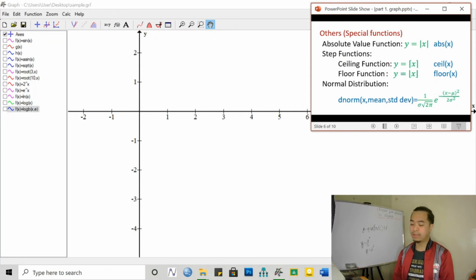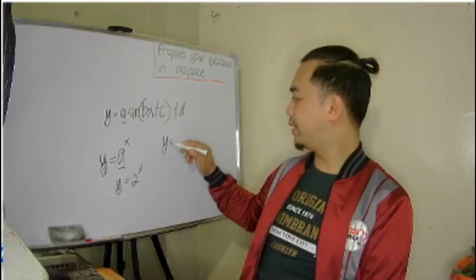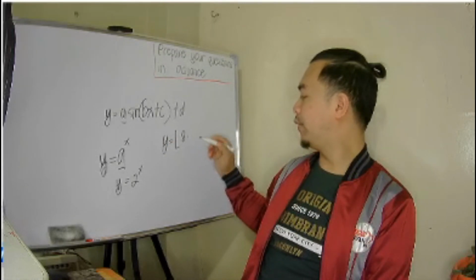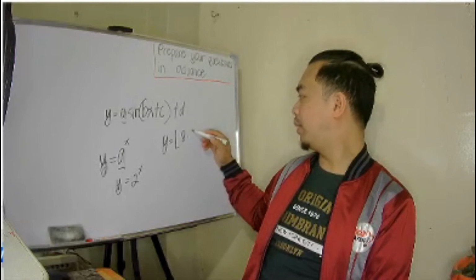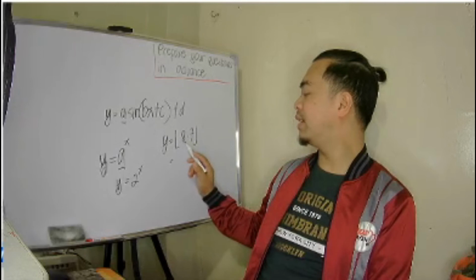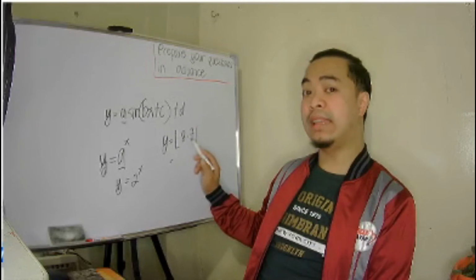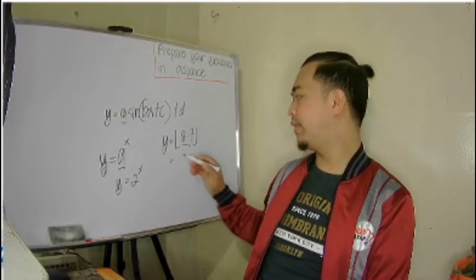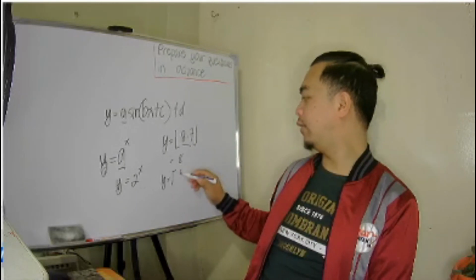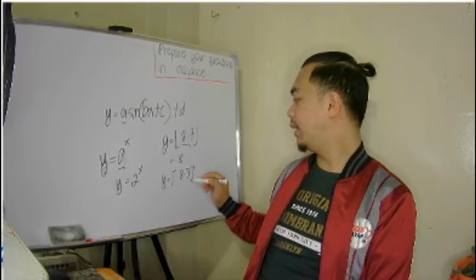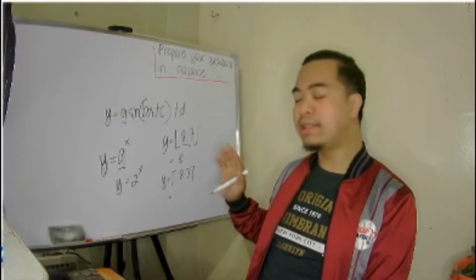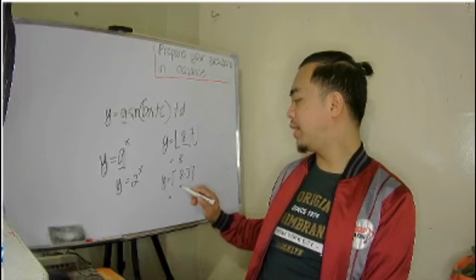So for example, the symbol that we are using is this one. If we are looking for the floor value of 8.7, it is referring to the greatest integer that is less than 8.7. But if we are looking at the ceiling value of 8.7, we are looking for the least integer that is greater than 8.7.